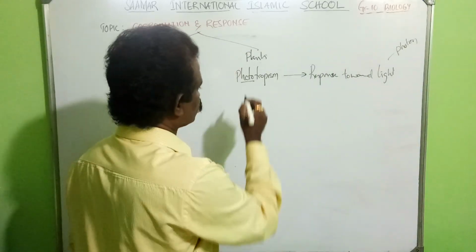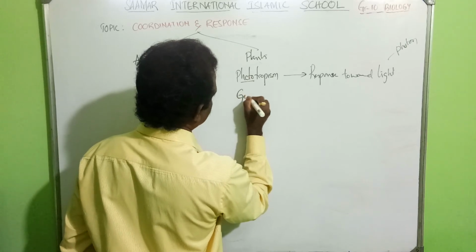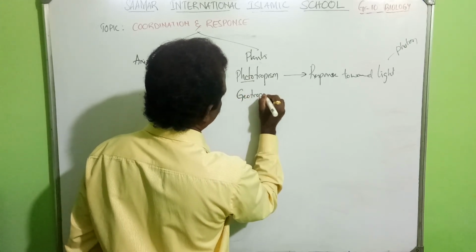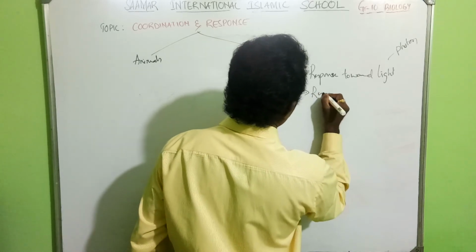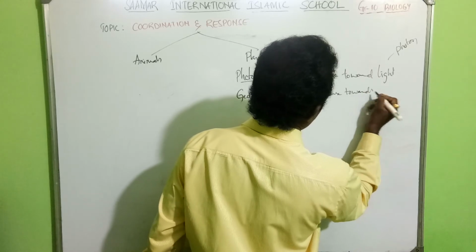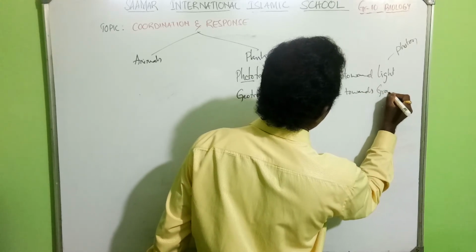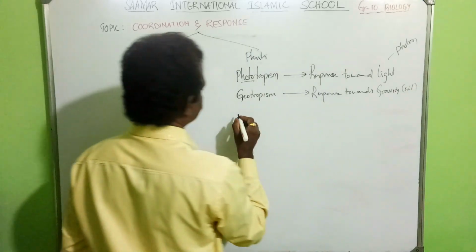Clear? Next one is geotrophism. Geo means gravity, soil. Response towards gravity or soil.